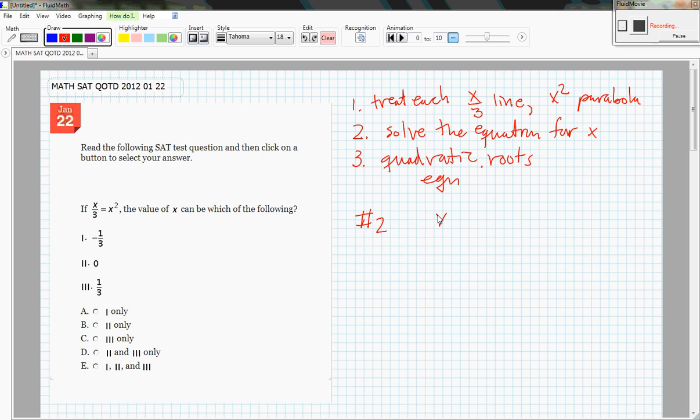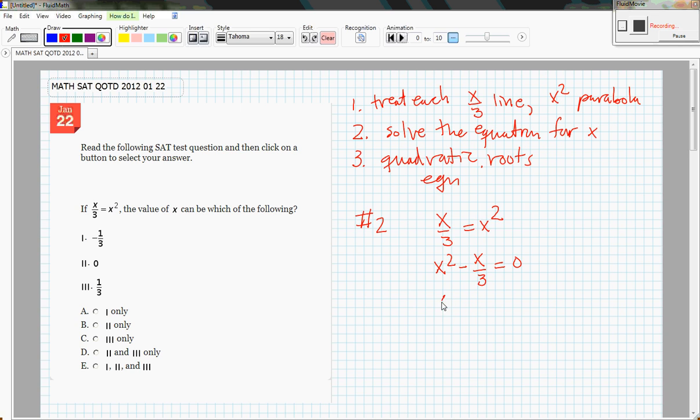So if I have x over 3 equals x squared, I can subtract x over 3 from both sides, so I get x squared minus x over 3 equals 0.